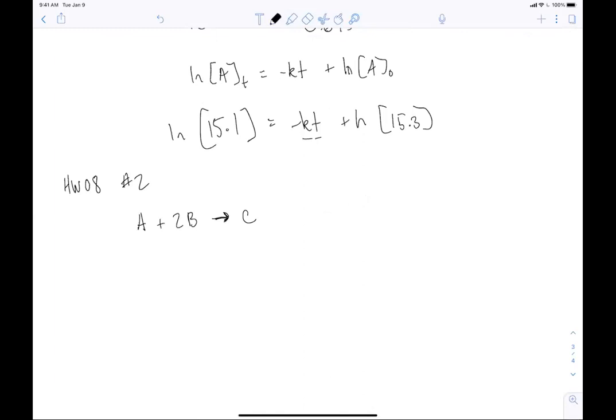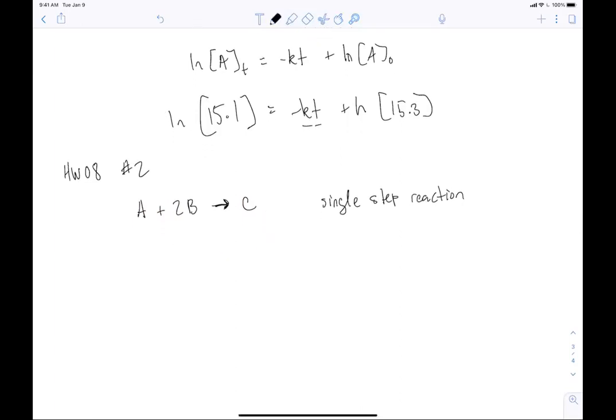So it's a single step reaction. This is an example where the overall reaction is also the reaction mechanism, even though it's abstract. Things that happen in a single step, the overall reaction is the reaction mechanism. And that's what's going on here.